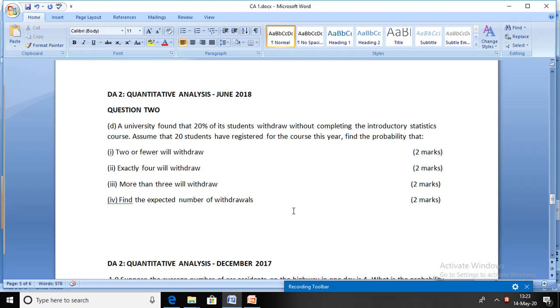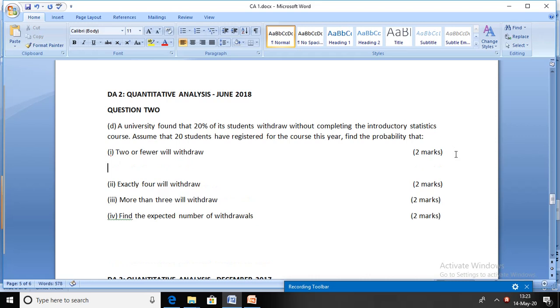Is this a trial or an occurrence? The university management have found from past experience that 20% of that. So this is a trial, not an occurrence. If this is a trial, we know that we are going to use the binomial distribution to find our answers. So let's start with the first question.